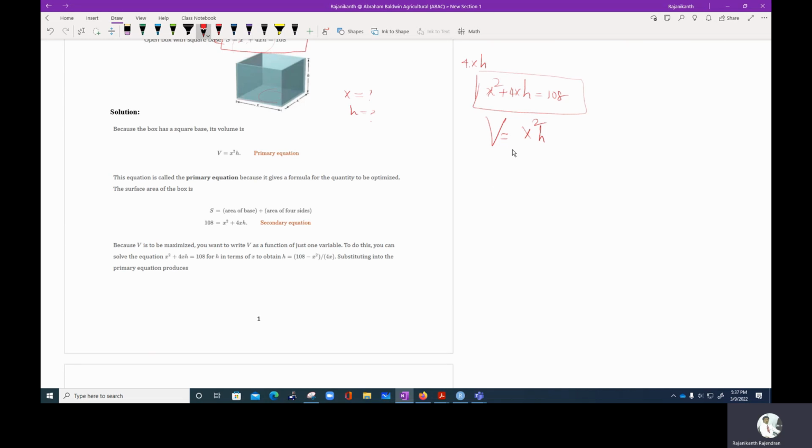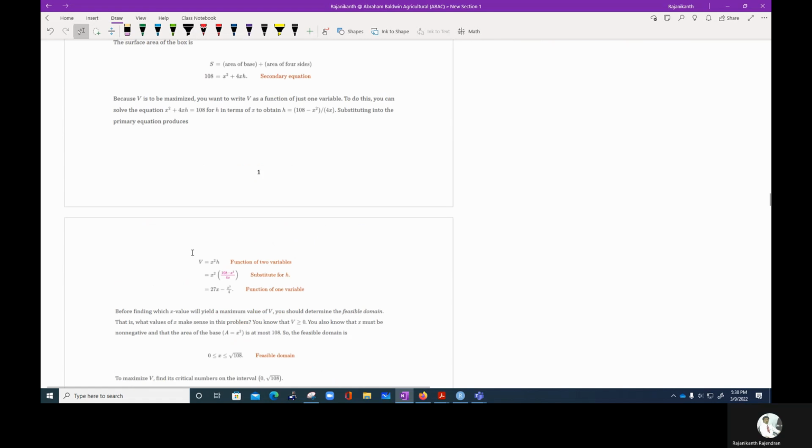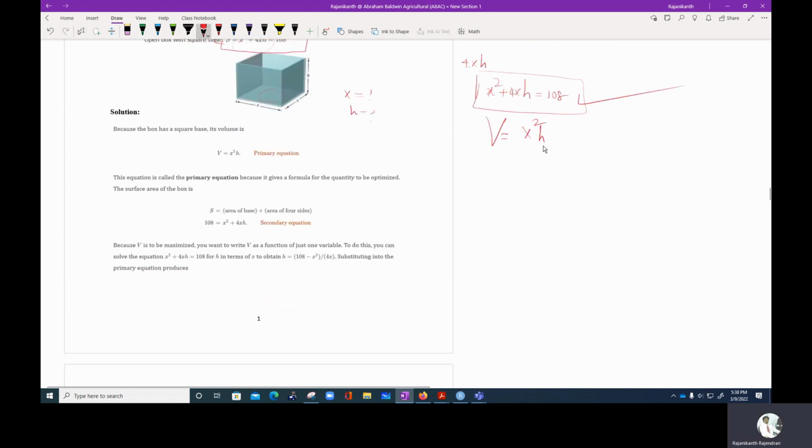So how do you find x and h? The only condition is this, and the volume should be maximum. First of all, if you look at your volume function, there are 2 variables, x and h, right? So we need to change these into a one variable problem.